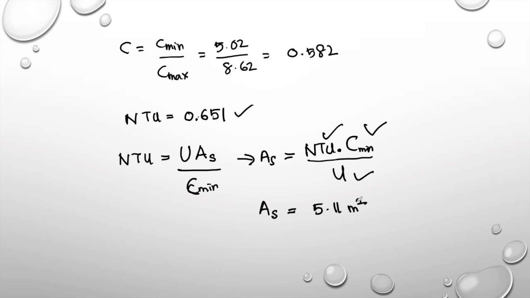You already know about the area. Now we go to find the length. The surface area is pi d L. So rearrange this equation to find L: L is AS divided by pi d. We know that this is thin wall and the diameter is the same in and out.